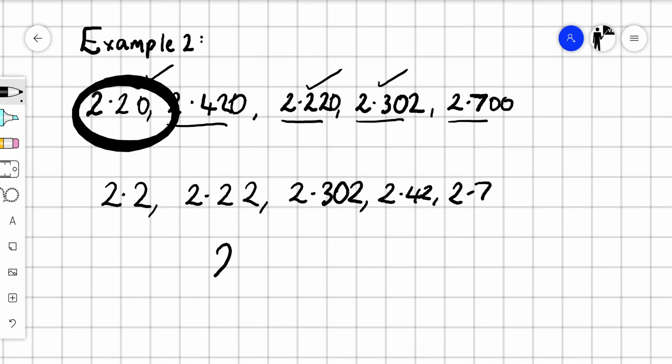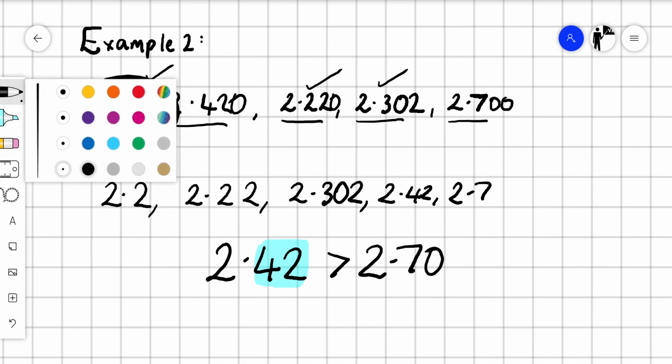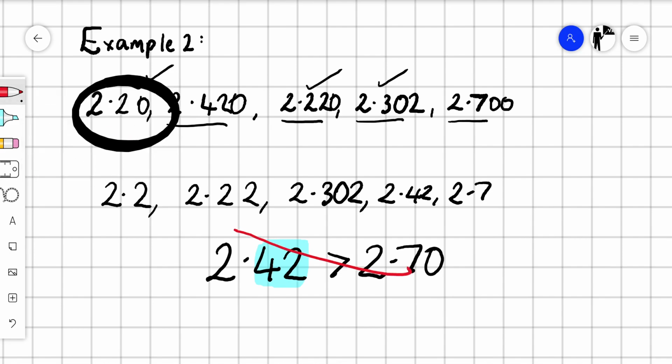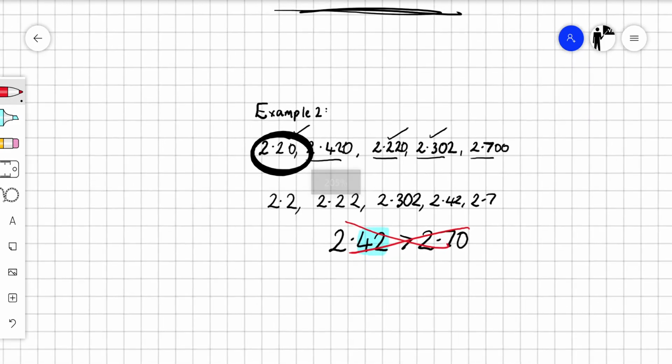Once again, the mistake is that people say that this is bigger than this. That is wrong, because we need to make sure we've got the same number of decimal places. Here we've got 2, so if we add in a 0, this number is still the same, but we can see that 2.42 is not bigger than 2.72. So that's the one thing you need to watch out for when you're ordering decimals. Thanks very much.